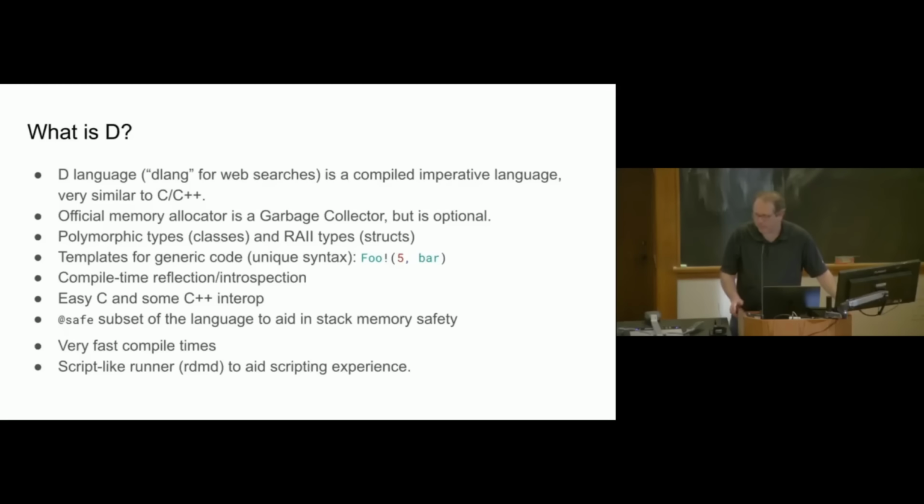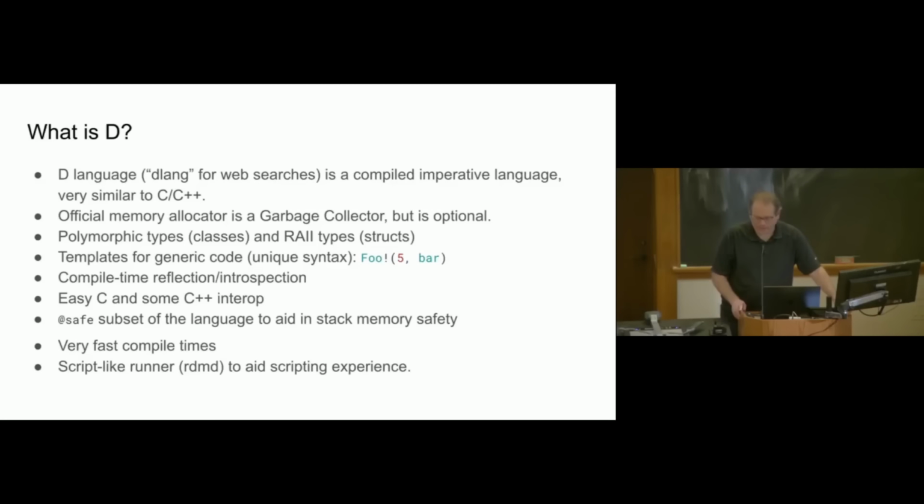But it's very nice to have it there. We have polymorphic types in classes and RAII types, for those who are familiar with C++. We use templates for generic code. If you're not familiar with templates in C++, it's basically just copy-pasting code with some substitutions in there.